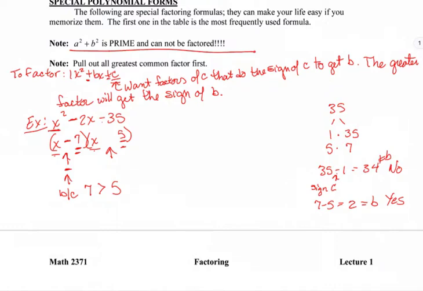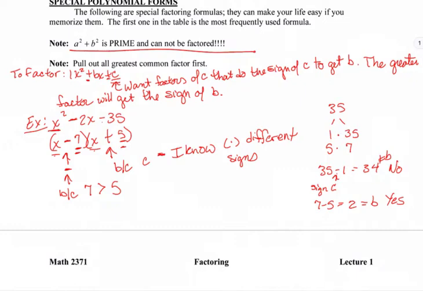And because c is negative, I know my parentheses have different signs. So this is a plus. That's how we factor that.